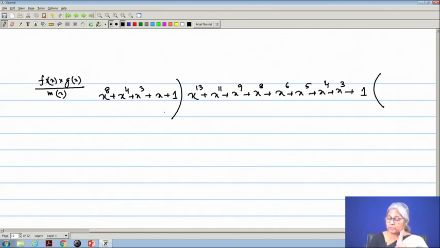Now, the polynomials I have are of degree 8 and 13. If I multiply by x to the power 5, my quotient is x to the power 5, then I can get x to the power 13. See, 4 plus 5, I have x to the power 9.